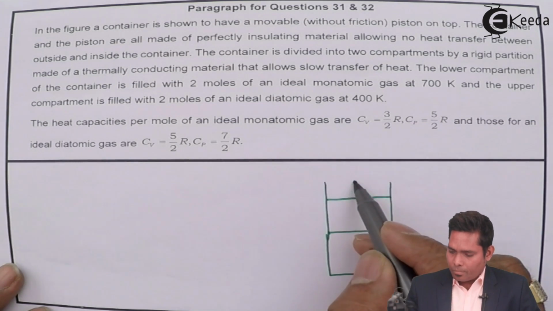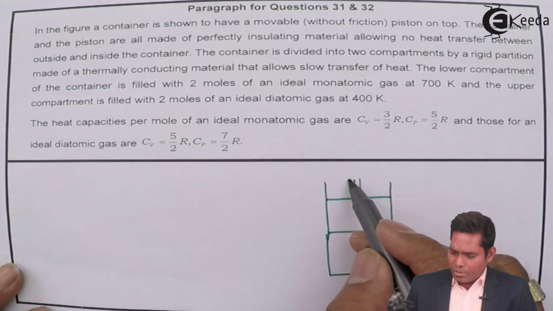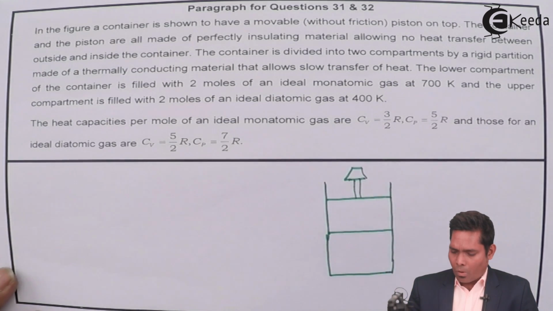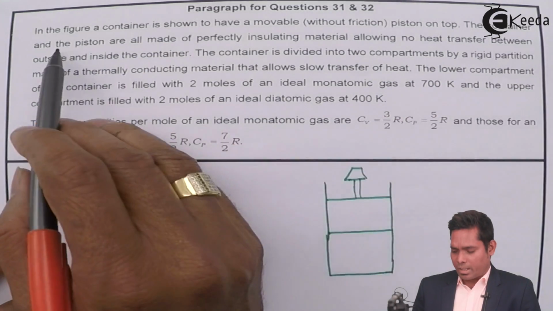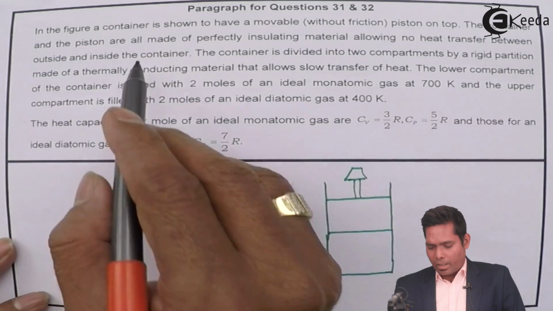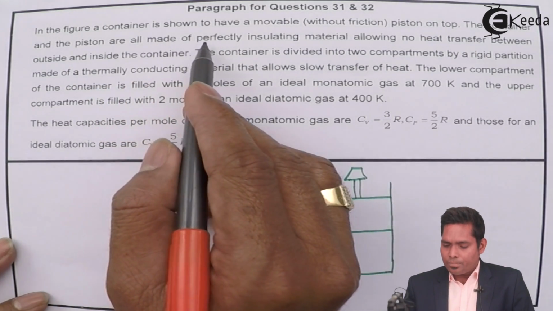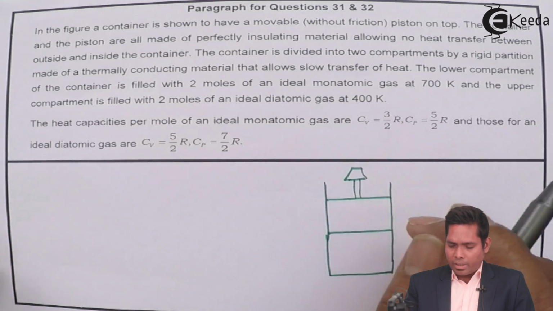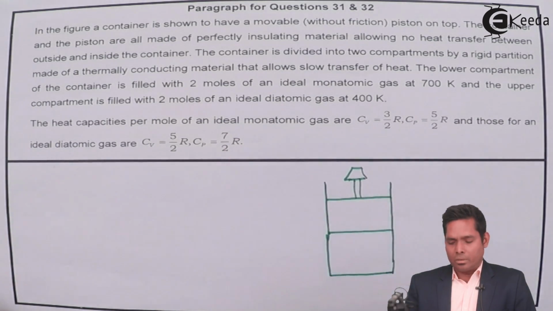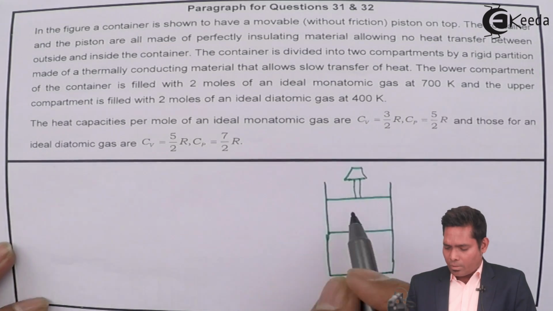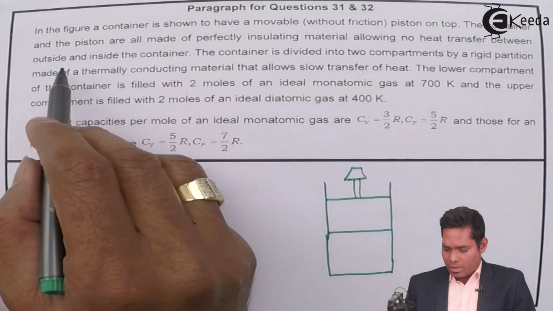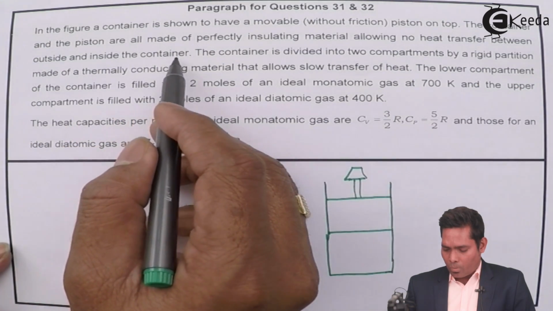The container and the piston over here are all made of perfectly insulating material. So heat energy cannot escape from here or enter here, allowing no heat transfer between outside and inside the container. So there is no exchange of heat with the surrounding, so that heat exchange delta Q is 0.